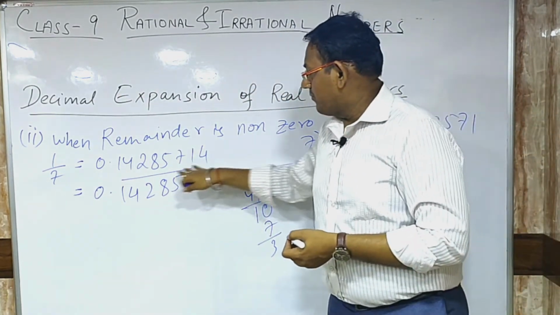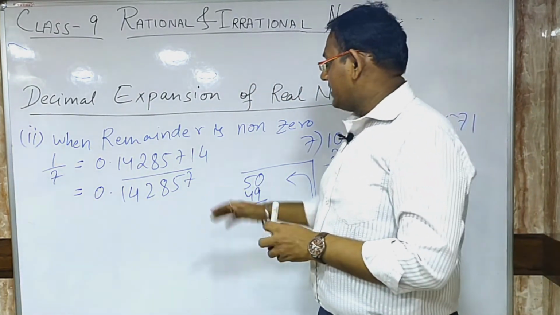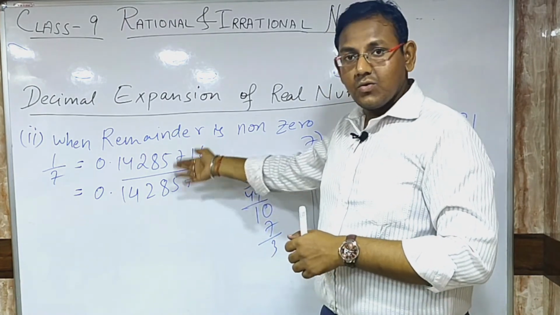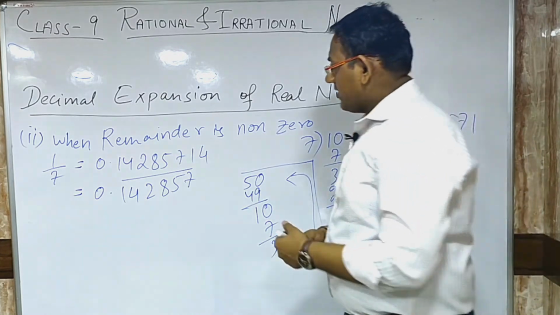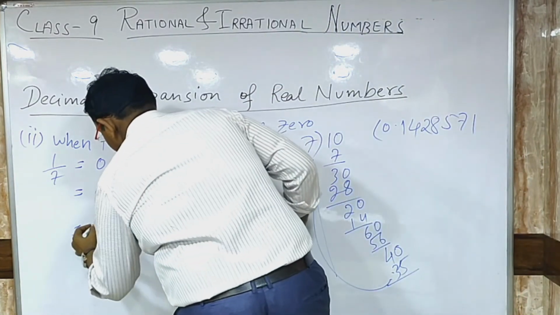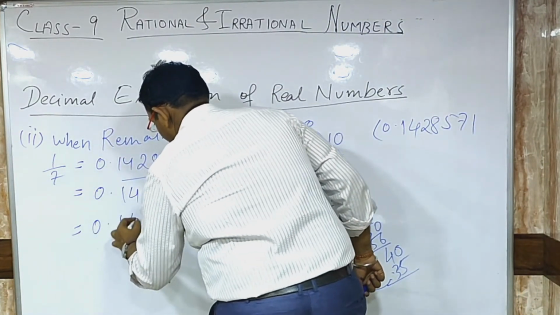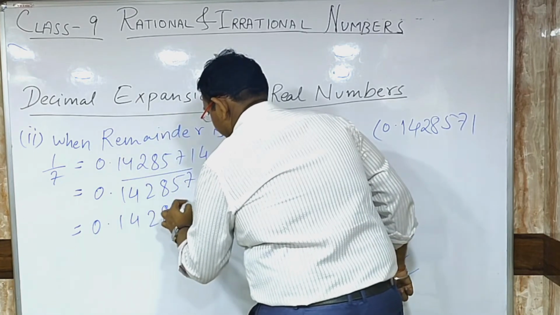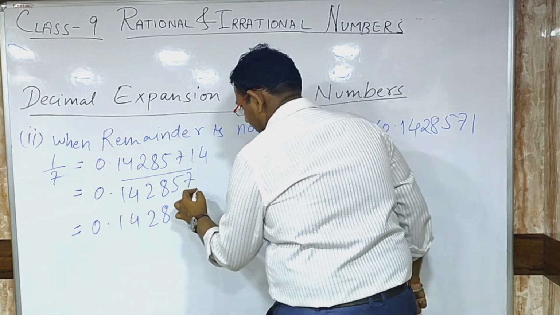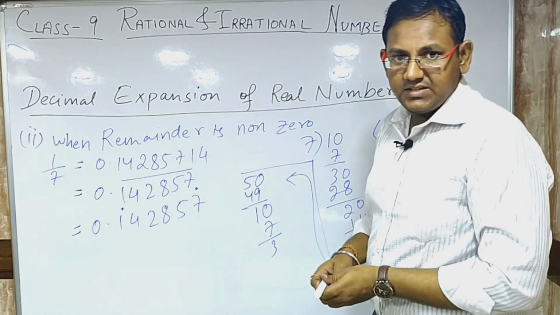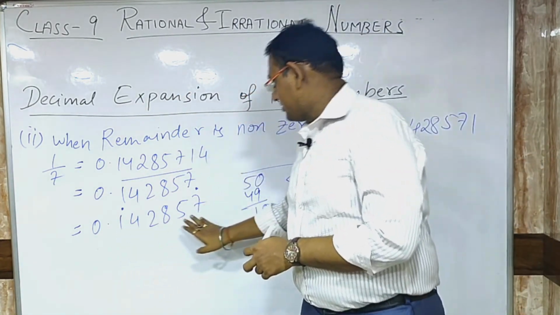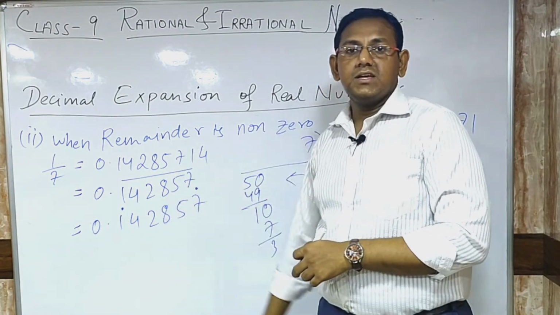What is the reason for putting a bar? This bar indicates that this part goes on repeating itself. Another way of representing this is 0.142857 where we put a dot at 7 and a dot at 1. This specifies that from this point to this point it keeps on repeating itself.